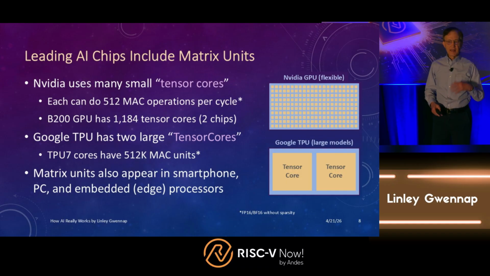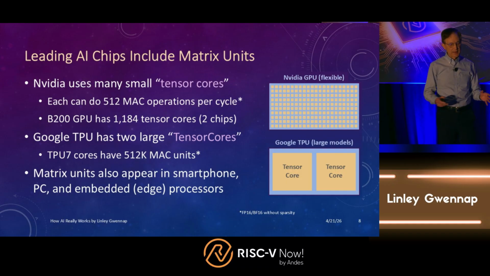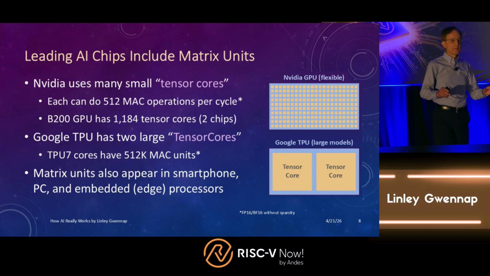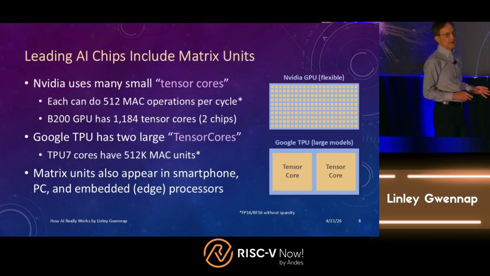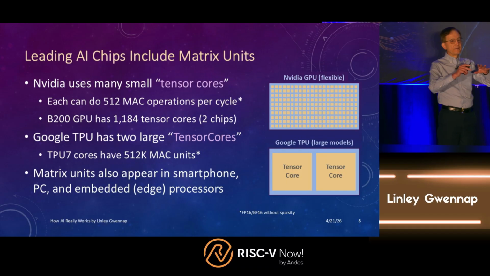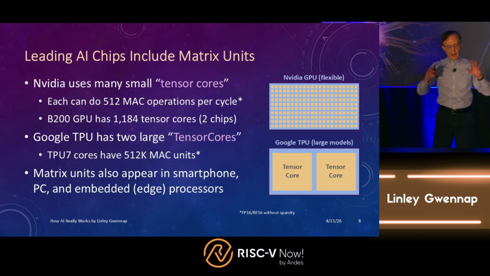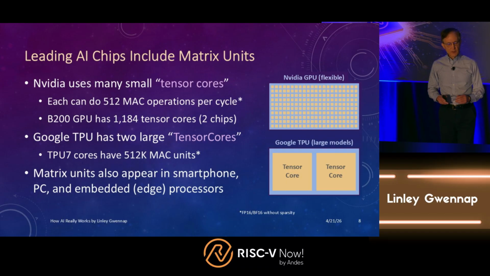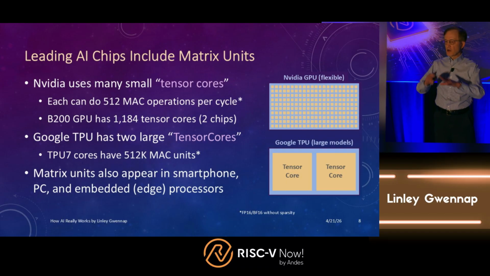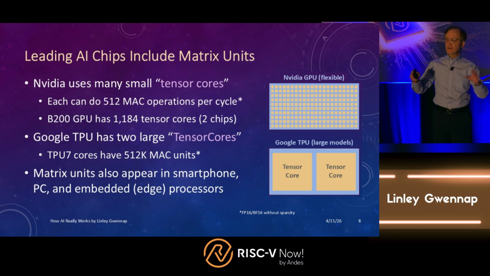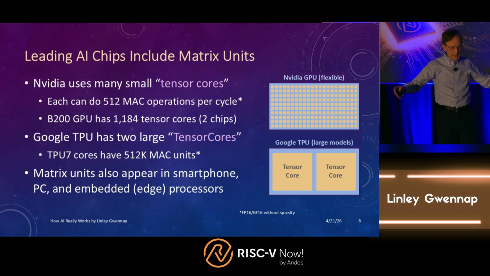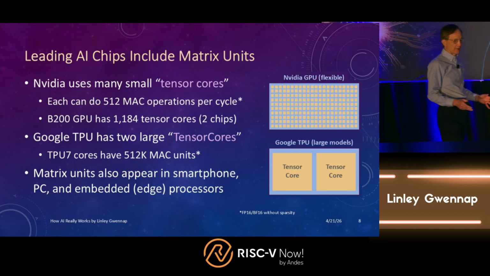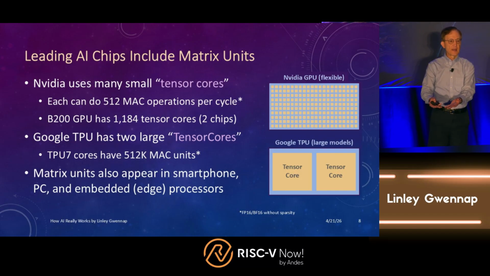So the latest Google TPU has only 2 tensor cores, but they're extremely large, 512,000 MAC units, which would be an array of 512 by 1024, and then just 2 of those on the chip. And the reason is that the larger the array, the more efficient it is to do very large models. So when Google is doing its very large language models, they are most efficient on this type of design.